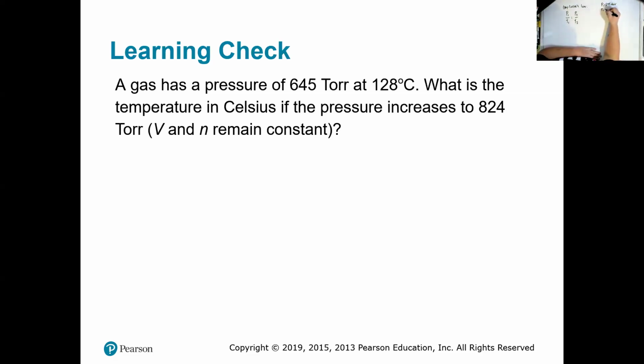Our T1, 128 degrees Celsius. Pressure increases to 824 torr. And we're looking for that T2 value, that's our question mark. So before we mess around with this, let's just take care of this temperature value, add 273 to it so that we have turned it into Kelvin.